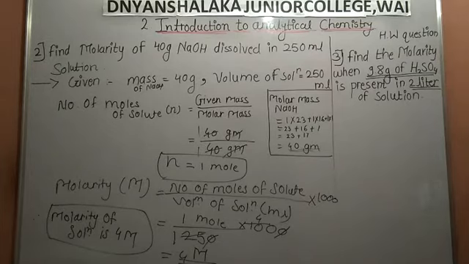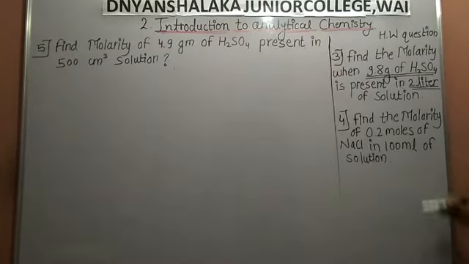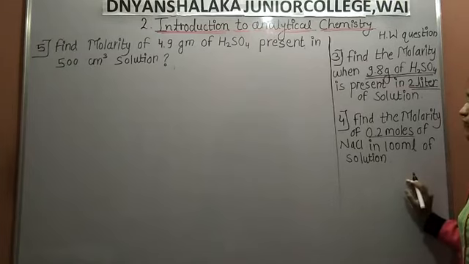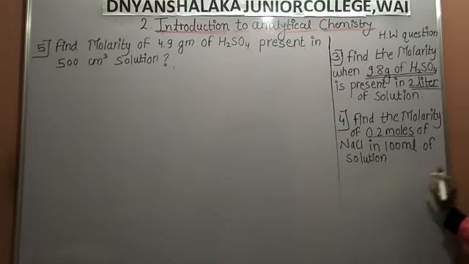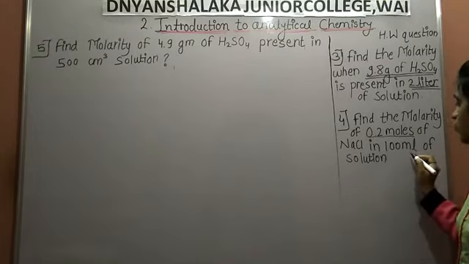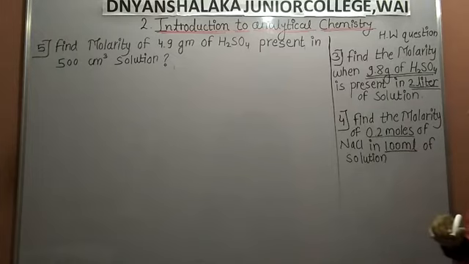Next we solve question number 4: find the molarity of 0.2 moles of NaCl in 100 ml of solution. In this question we also find the molarity of a solution. The given value is 0.2 moles, the number of moles of solute, dissolved in a volume of solution of 100 ml.